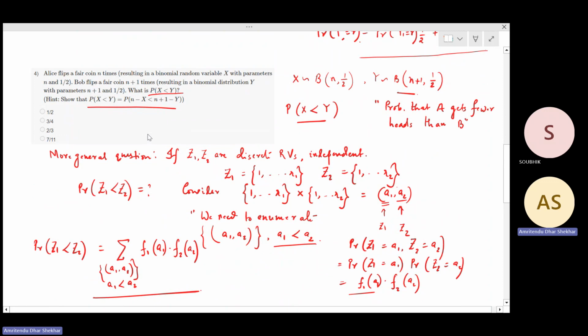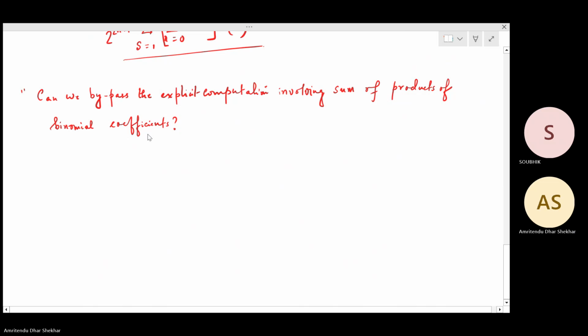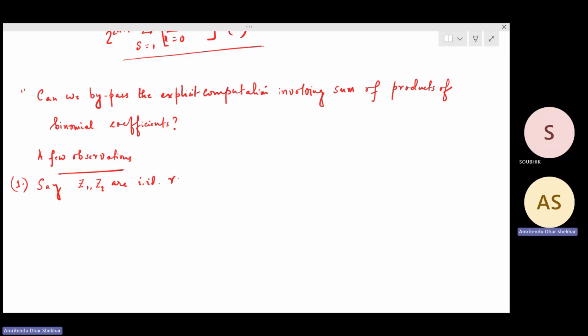So to do this, we're going to make some observations first. A few observations. Number one, say Z1 and Z2 are IID random variables.